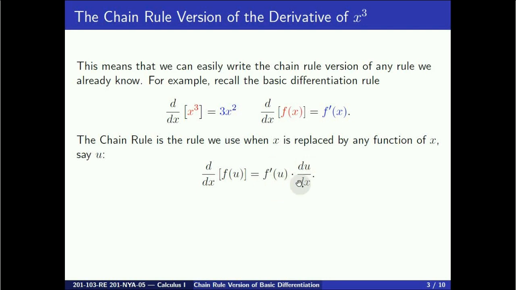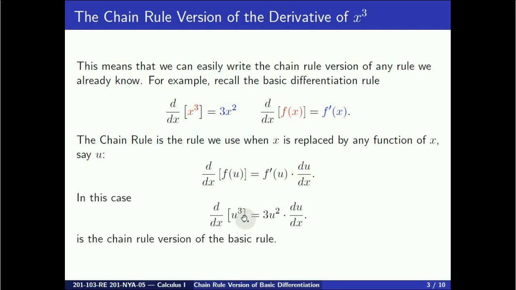In our example, f of x is x cubed, so f of u is u cubed. F prime of x is 3x squared, so f prime of u is 3u squared. And overall, the chain rule gives in this case that the derivative with respect to x of u cubed, keep in mind that u is a function of x, is 3u squared times du dx.